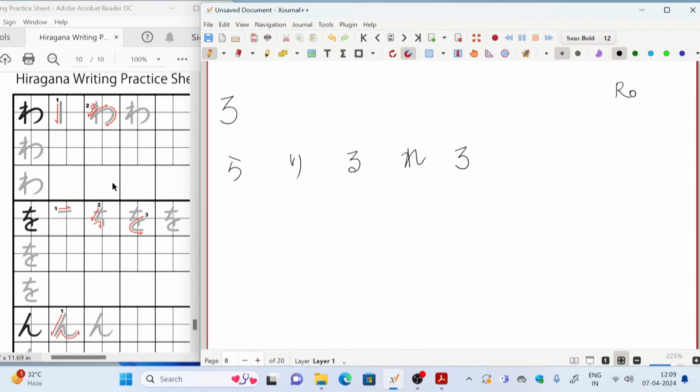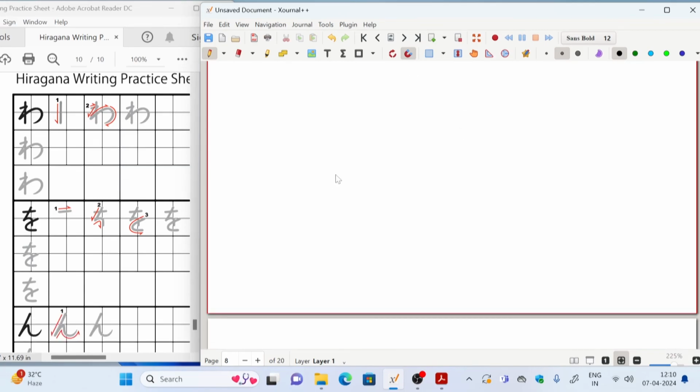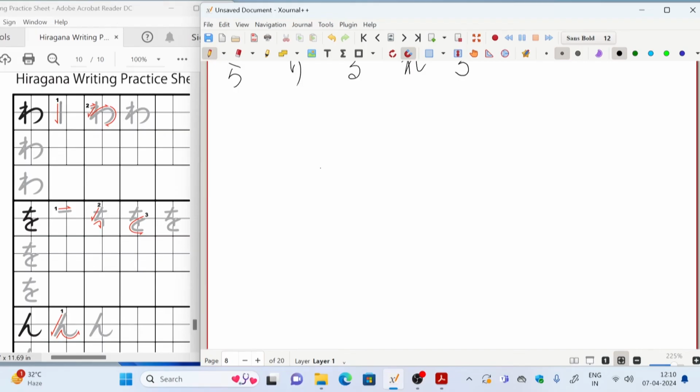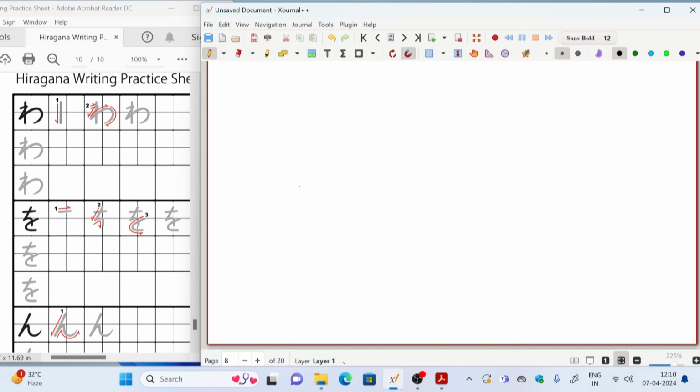Next is wa, o and the nasal sound of Japanese. So wa is first, second. This is wa. Next is o.